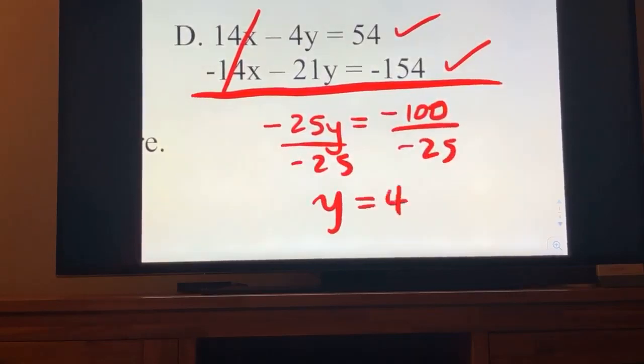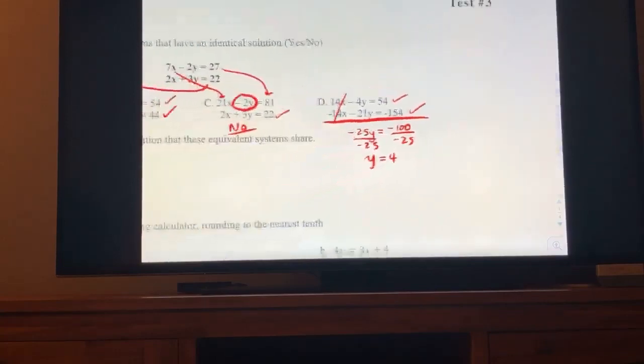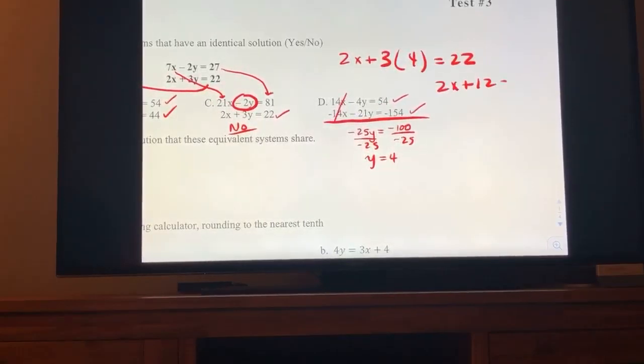Now we go back to one of the originals. Let's say the 2x plus 3y, but now instead of y, we could replace it with 4. 2x plus 12 equals 22. 2x equals 10, or x equals 5. (5, 4) was a solution to the system.